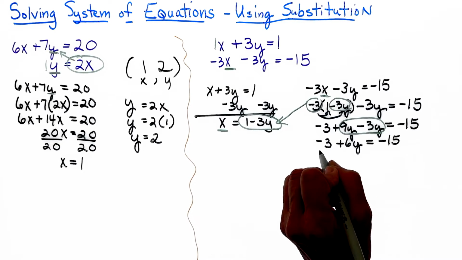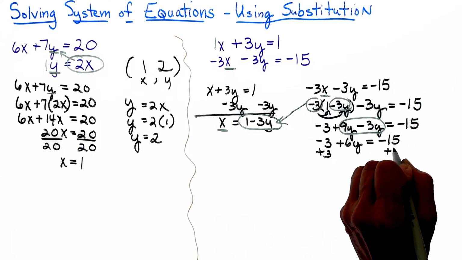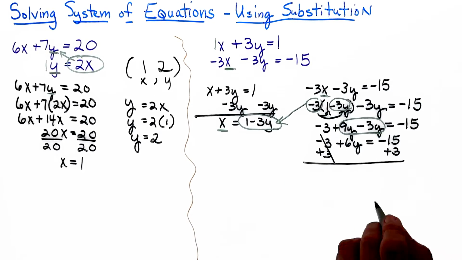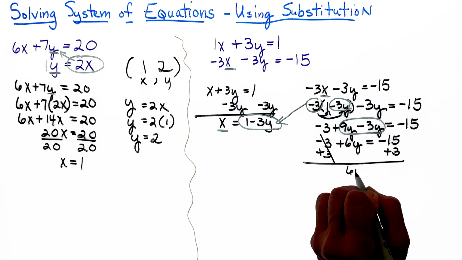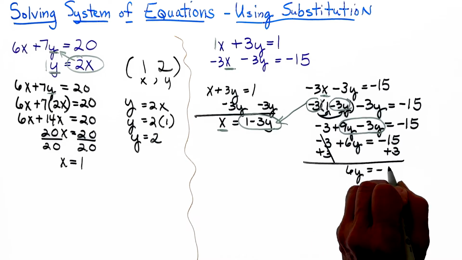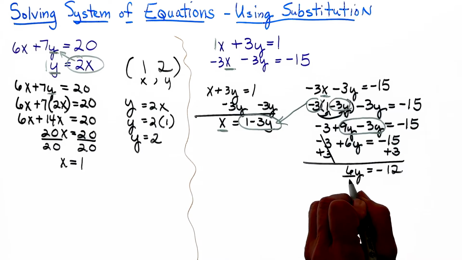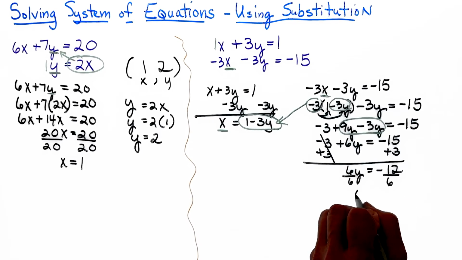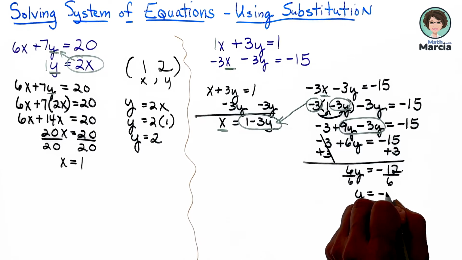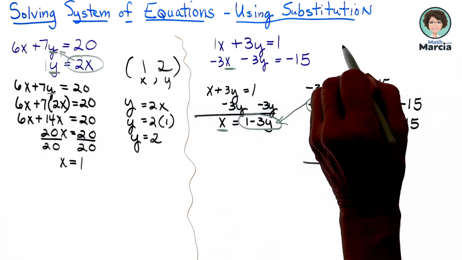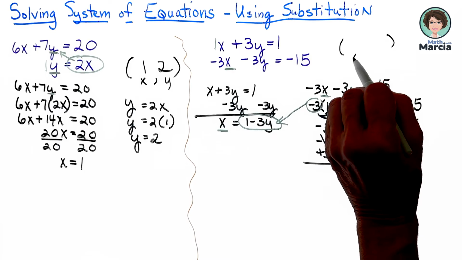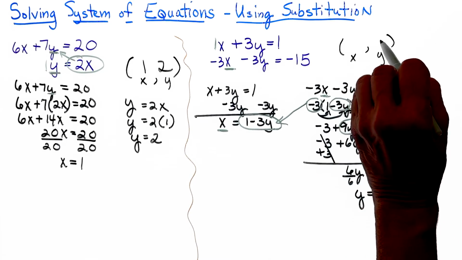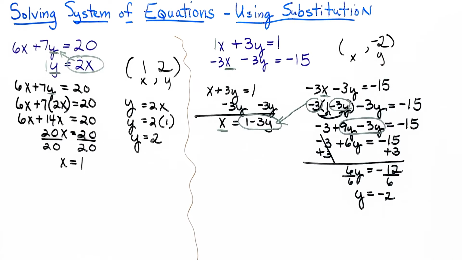I'm going to add 3 to each side to get the number on the other side of that equation, and I end up with 6y is equal to a negative 12. Last but not least, we need to divide by 6, so y is equal to a negative 2. Again, I like to write my ordered pair, and this time my y is a negative 2.